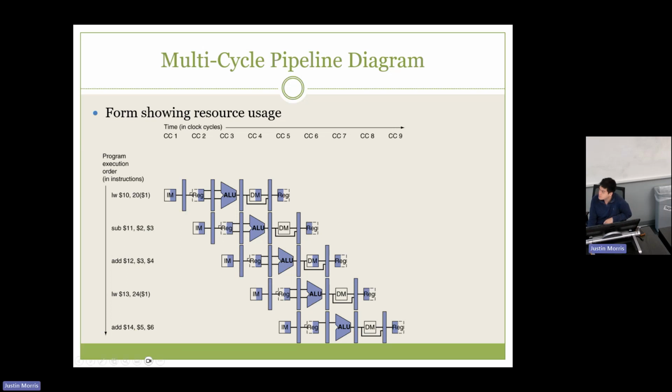So this is the diagram that you will need to know how to create, how to read. And you don't have to draw these different stages. Instead, you just say IF is instruction fetch, ID is instruction decode, EX is execute, M is memory, WB is write back.